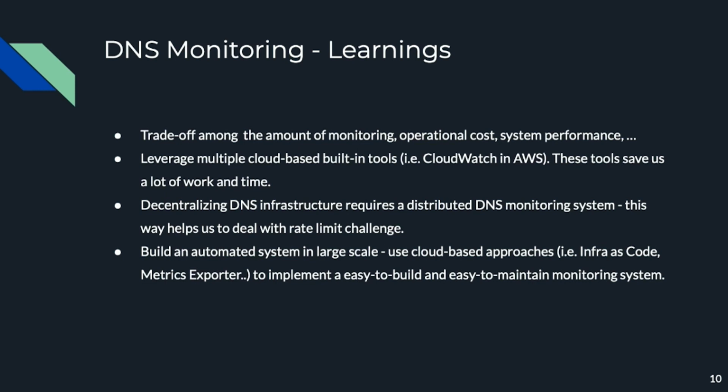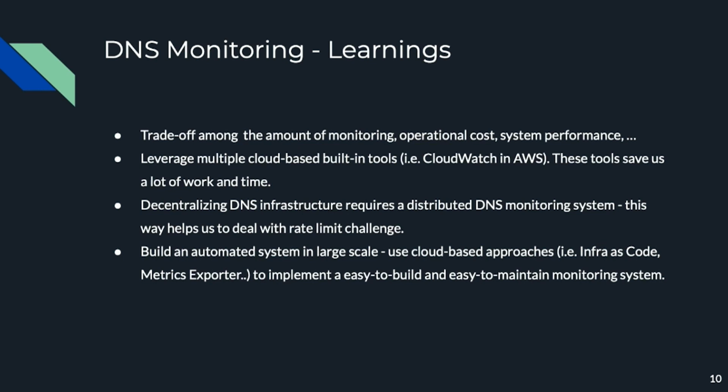The next point is that a highly decentralized DNS infrastructure requires highly distributed DNS monitoring instances. We take advantage of decentralization to resolve rate limit issues imposed by the cloud providers. Besides that, to build an effective monitoring system at a very large scale, it's essential to make automations.